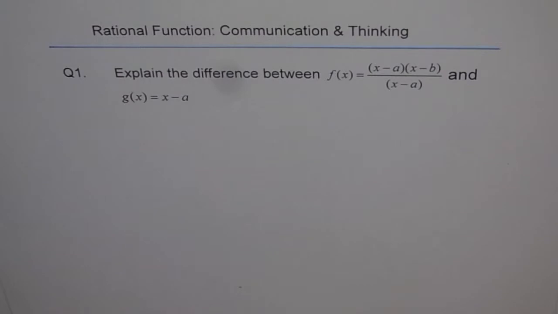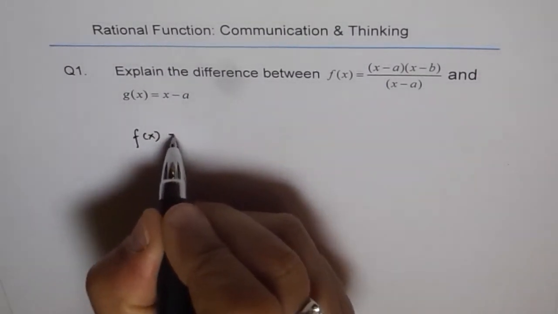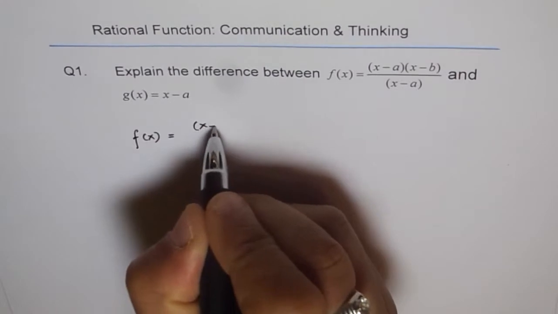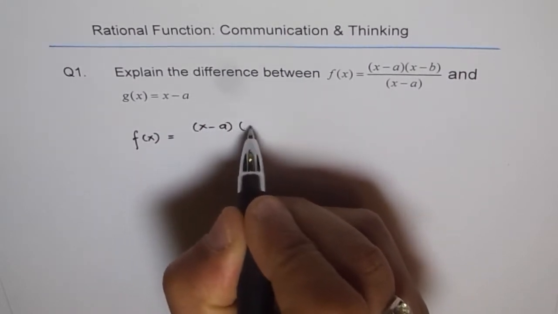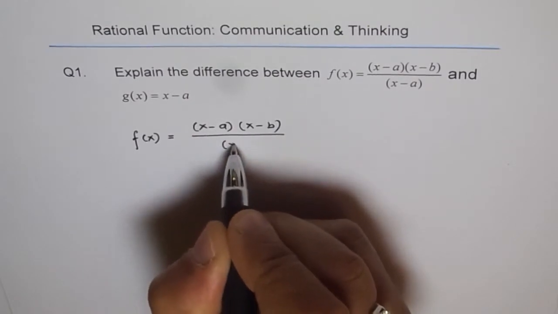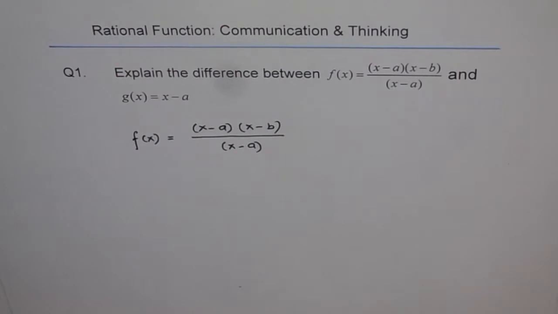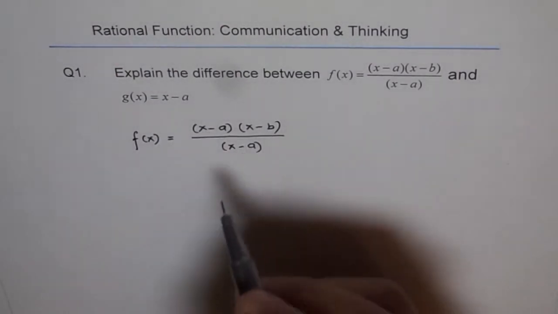Well, if you look at it, they look very different, right? But let's analyze it. So we have f of x equals x minus a times x minus b over x minus a, correct? Now you can see x minus a is a common factor here.